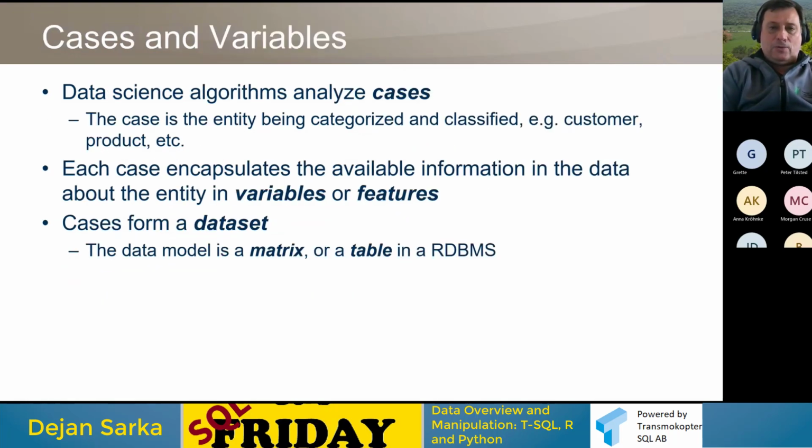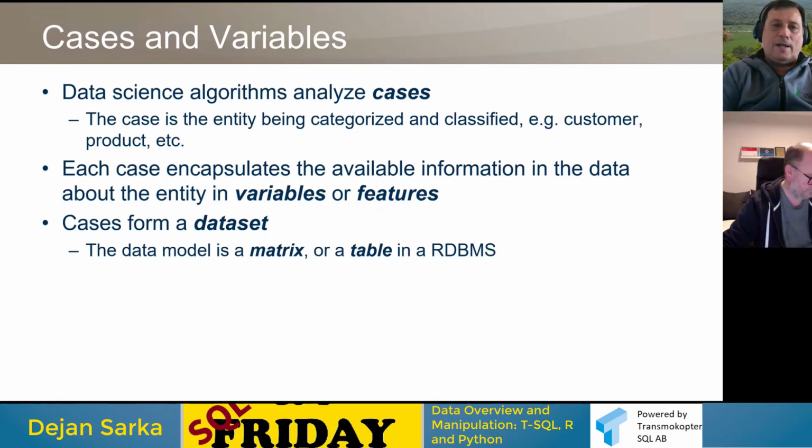Now a little bit about terminology. Terminology comes mostly from statistics, so we analyze cases and we use variables or features for analysis. Initially, statistics was developed on data structures like matrices, 2D, similar to a table, but a matrix in general has just values of a single data type.